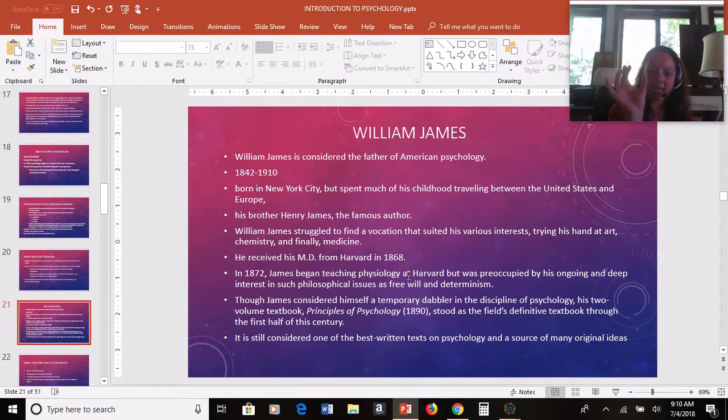I have given you a little bit of an overview of James here, and hopefully you've had time to read the points on the slide. The only thing I want to point out is that his book Principles of Psychology, even though it was written back in the late 1800s, is still considered one of the best written texts on psychology, and it's a source for many original ideas.